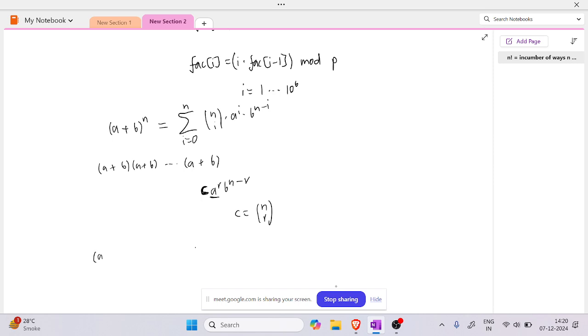What you can do is generalize this. For example, if you have (a plus b plus c) to the n, this is the multinomial theorem, where you just generalize what you did in the binomial theorem. Here the terms will be of the form a to the i, b to the j, c to the k, where i plus j plus k is n.